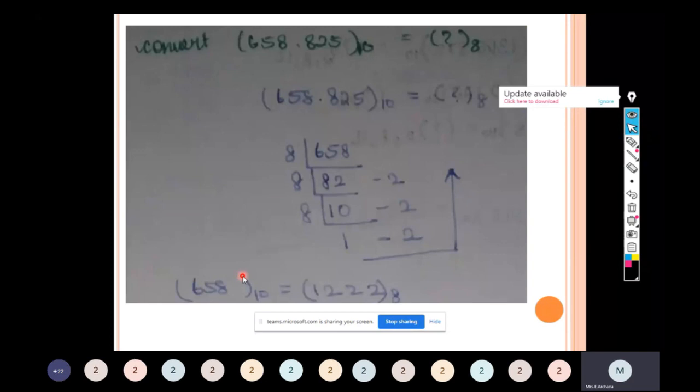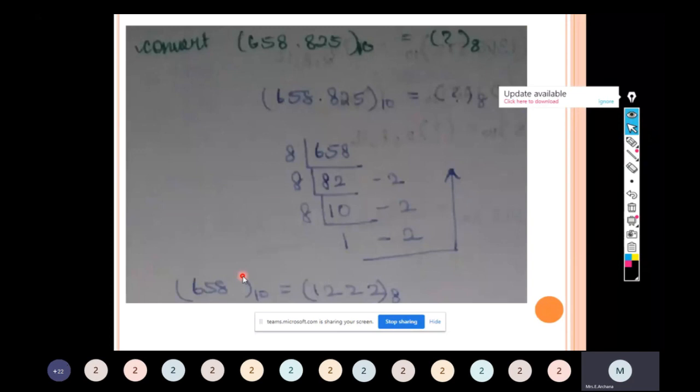That is, for the integer part we are following a successive division method, and for the fractional part we are going for successive multiplication method. So for the integer part, we have to follow the successive division method until it gets reduced.